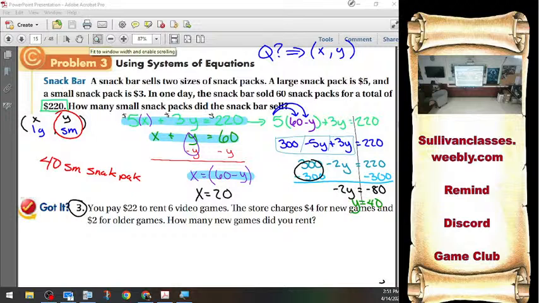Okay, try it again. This one's set up the same way. Two standard equations. Could we just put new games and old games? Could either of them be X and Y?